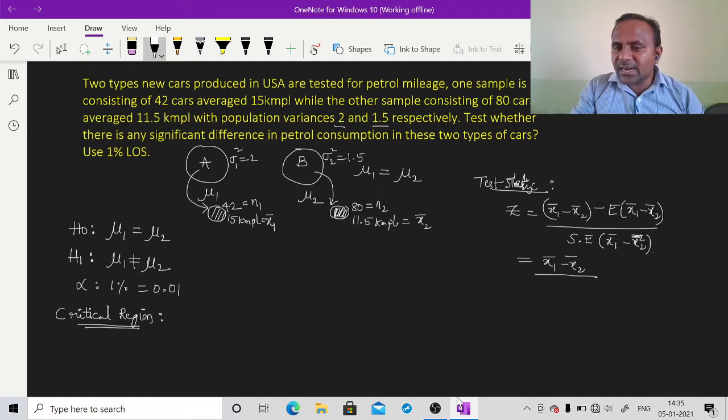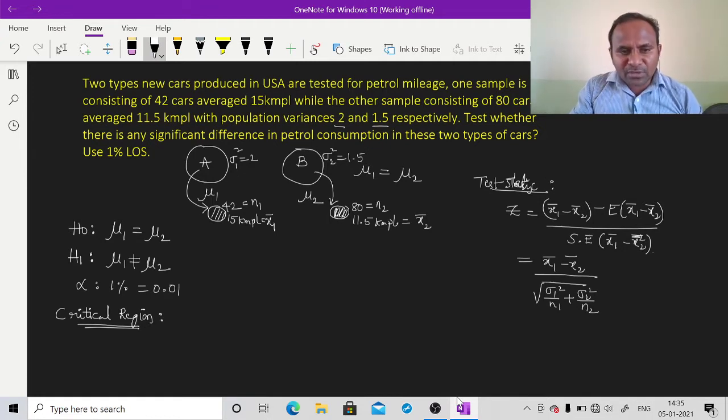Divided by the standard error of this statistic, which will be the root of sigma 1 square divided by n1 plus sigma 2 square divided by n2. So this is the statistic we use to test this hypothesis. This z will definitely follow a normal distribution because your samples are large in number.